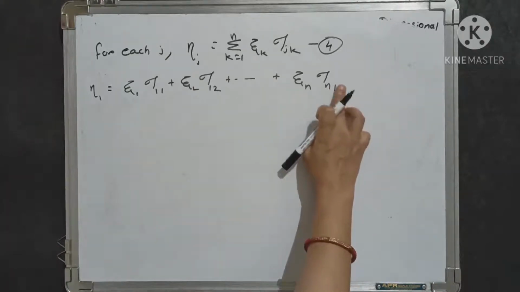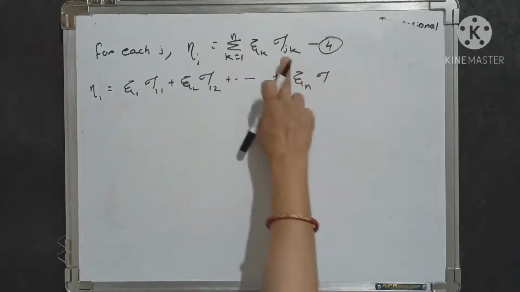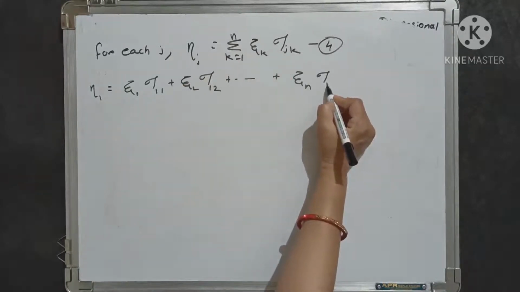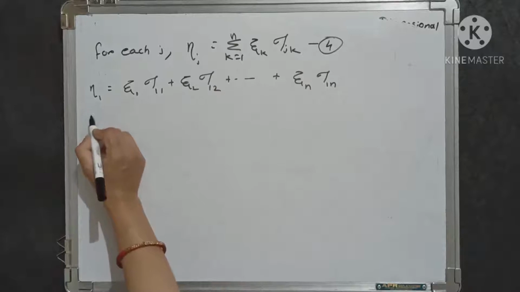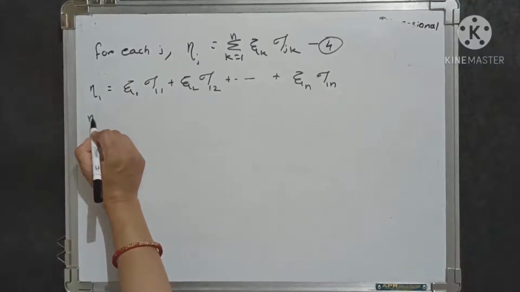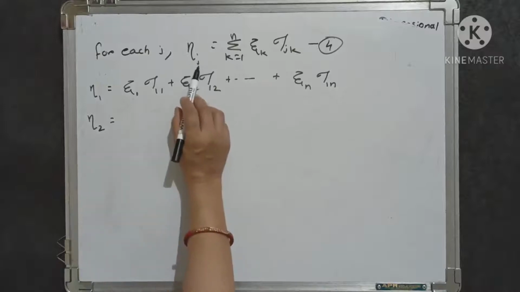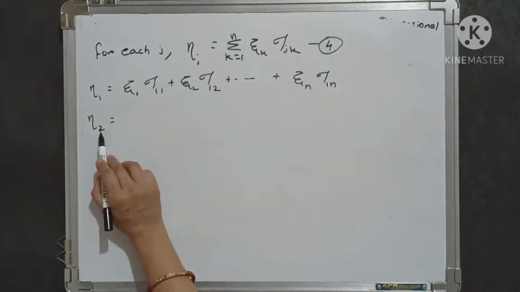Sorry, not tau n1; the value of j is 1, therefore tau 1n. Now for j equals 2, here we have eta 2.